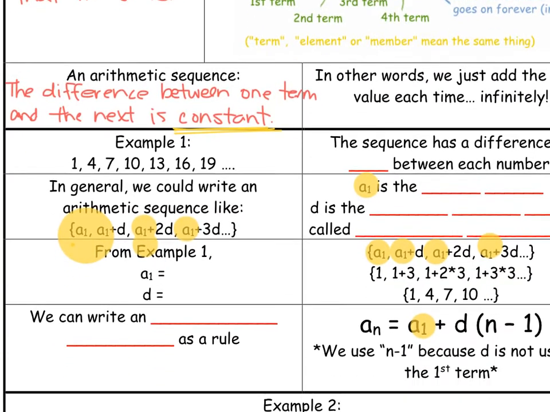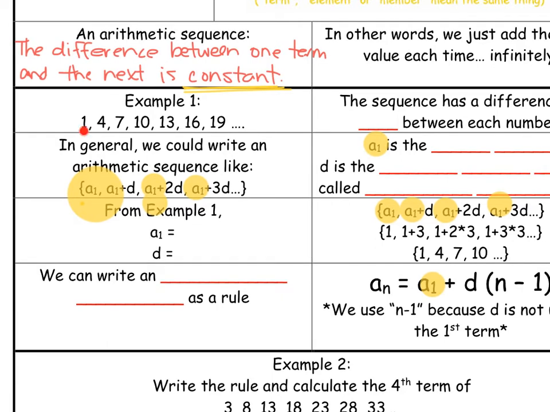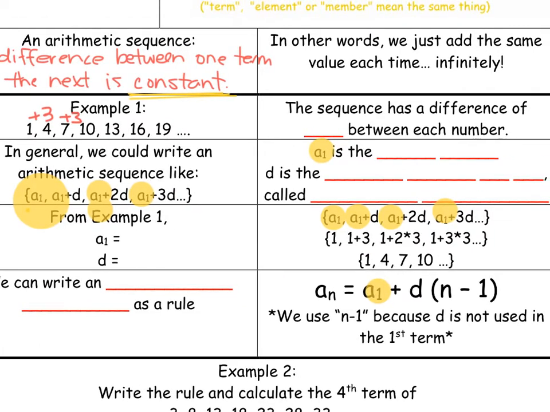So we're going to take a look at example 1 right here. So here's our sequence. It's increasing. So it goes from 1 to 4 to 7 to 10 to 13 to 16 to 19. In this sequence, what we're adding from one term to get to the next is plus 3. And we're adding plus 3 each and every single time. That's why it's linear. So we say it has a difference of 3, and we're going to call that the common difference.